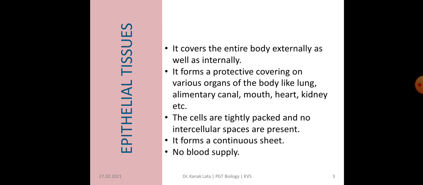It forms a protective covering on various organs like lung, alimentary canal, mouth, heart, kidney. The cells of epithelial tissues are tightly packed. Tightly packed means there are no intercellular spaces between the cells and it forms a continuous sheet. And here there is no blood supply.